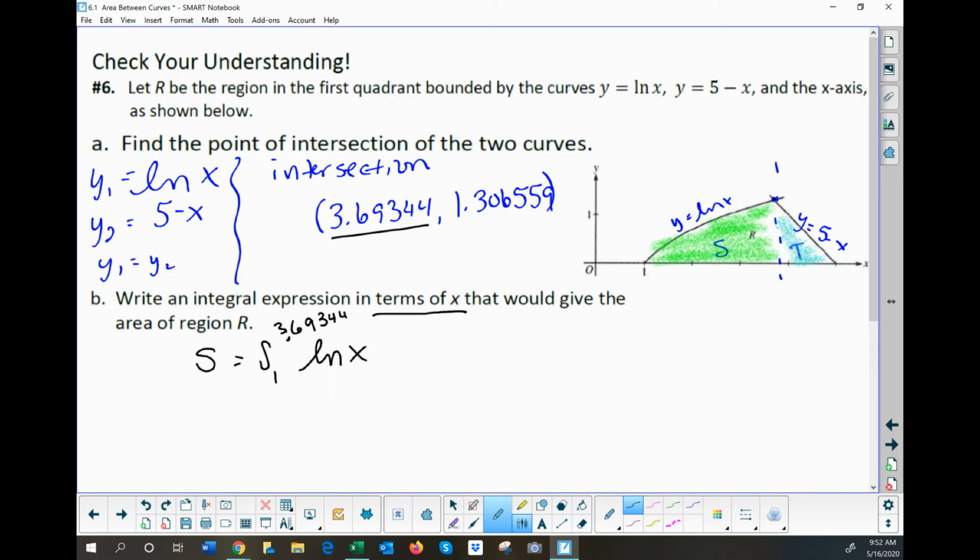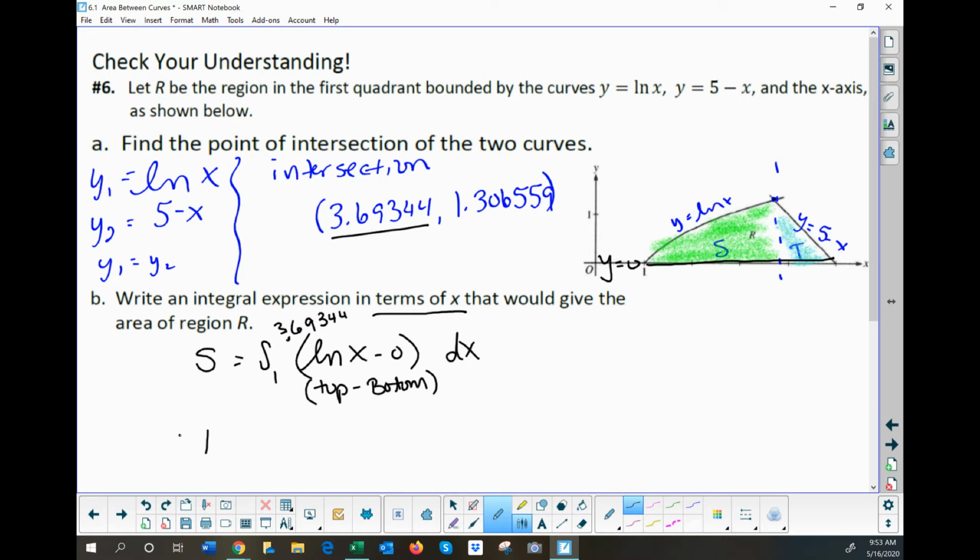Natural log x, and then we were bounded by the x-axis, which is a y equals 0 function, correct? I could say minus 0. I really don't have to, but since I was talking about top minus bottom, I thought you might want to know, well, what would you use for a bottom function? And then I would have dx. That value, I'm not sure I have it. I did not calculate that separately.